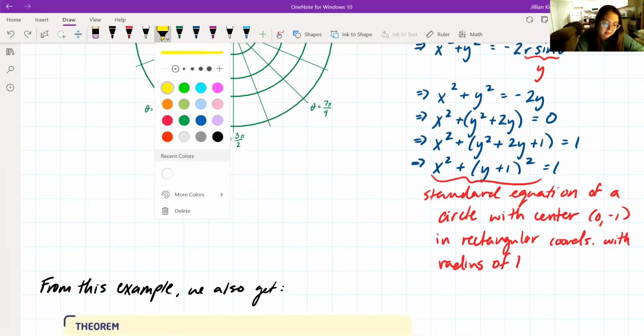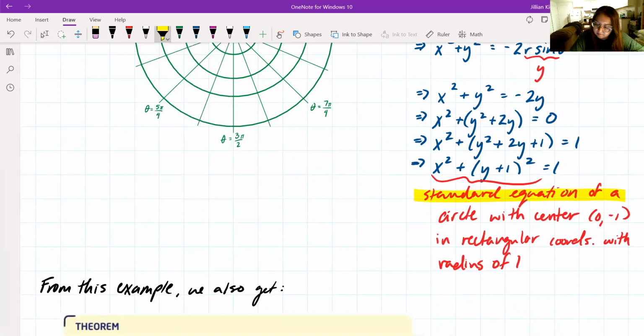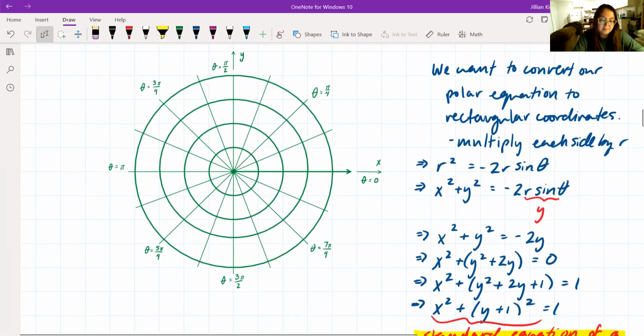So, oops, forgot we made that smaller. So we've identified that this graph is going to be the graph of a circle. We have the equation of a circle, so we're going to be graphing a circle on our polar coordinates. We've already identified that the center is going to be at 0, -1.